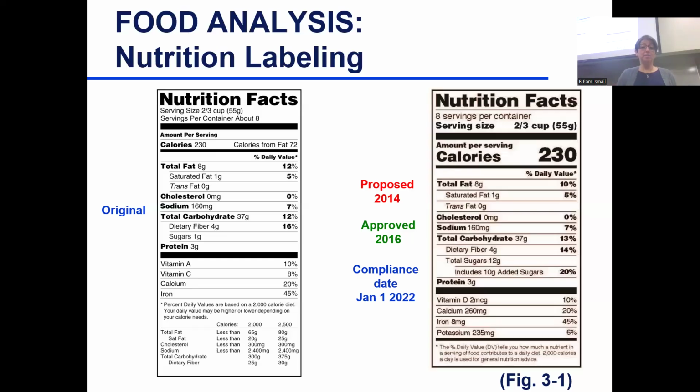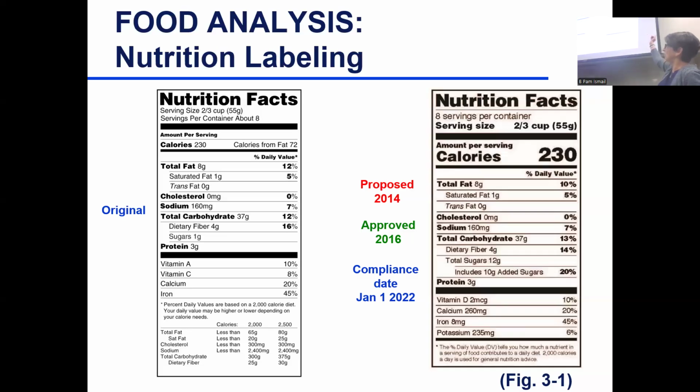Anyway, since we have vitamin D deficiency, whether we're not sitting in the sun or not taking supplements, it became a thing, so they put it on. Potassium is a mineral, not a vitamin, but it is also associated with cardiovascular health, so they added it. It wasn't there before. It was only calcium, iron, vitamin A, and vitamin C in that region.